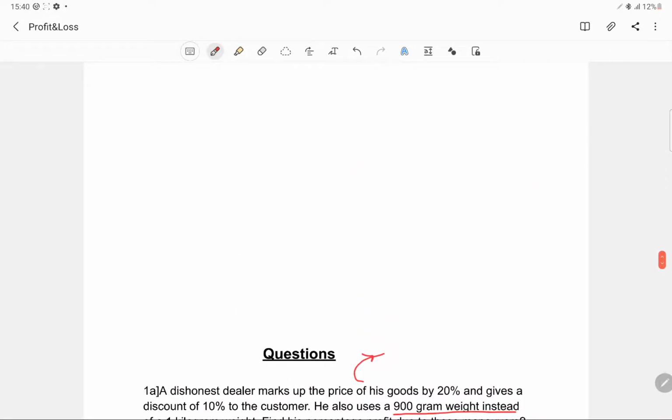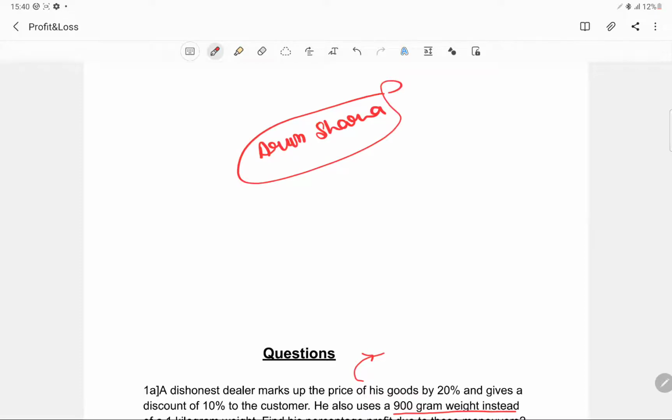To get a better understanding, use Arun Sharma. It's an awesome book. For this profit and loss chapter, you can take the examples.